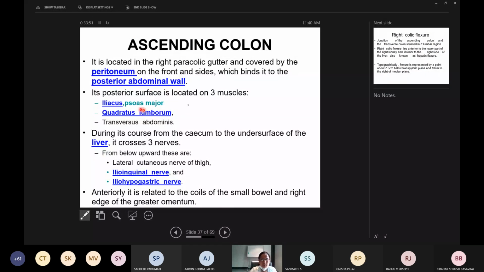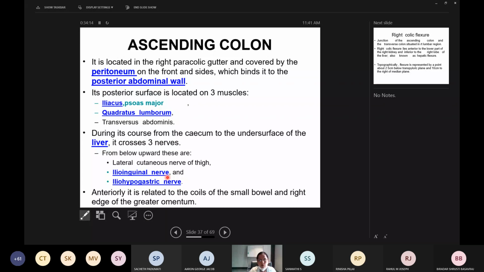Those are mainly the iliacus, psoas major, quadratus lumborum and the transversus abdominis muscle, and some vessels and nerves of the posterior abdominal wall, which are mainly the lateral cutaneous nerve of the thigh, ilioinguinal nerve and the iliohypogastric nerve. These are the posterior relations, so you can omit them, need not remember.